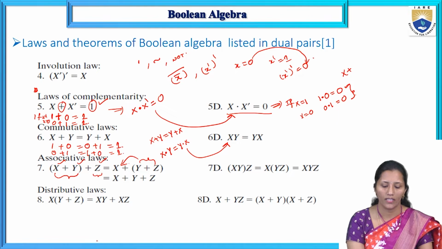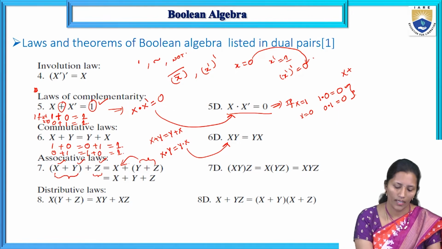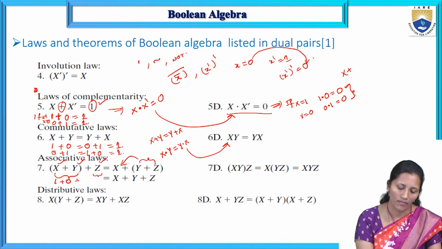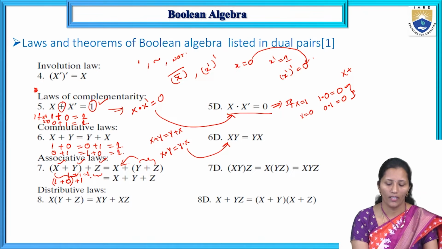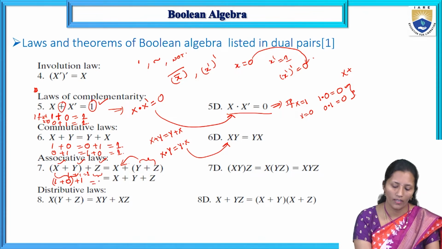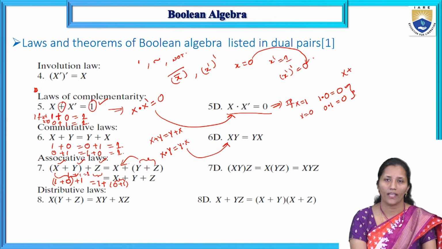So this is the associative law. For example, 1 plus 0 plus 1: first I add x plus y, 1 plus 0 is 1, 1 plus 1 is 1. The final answer we get is 1. This is equal to 1 plus 0 plus 1 where first I add the y and z variables, and the sum is added to the x variable.